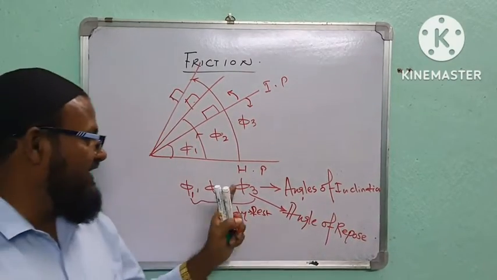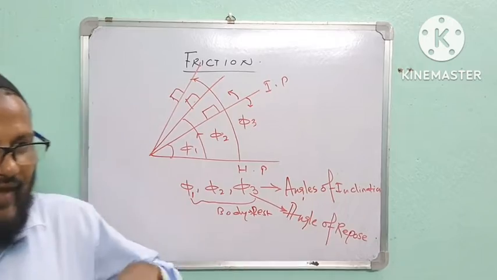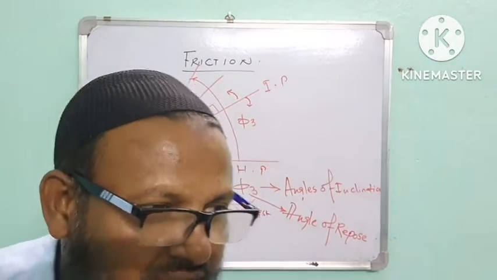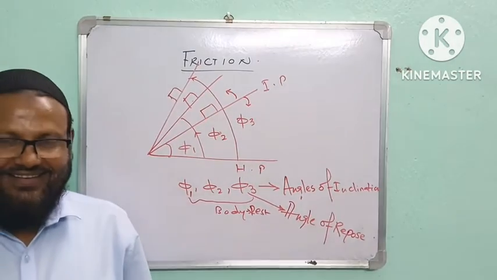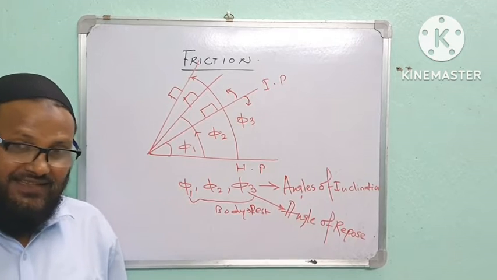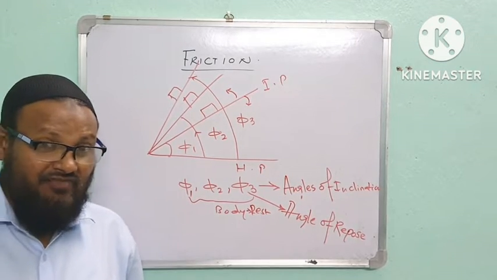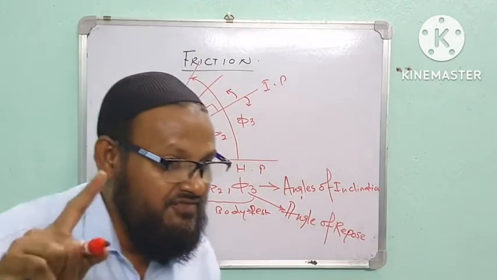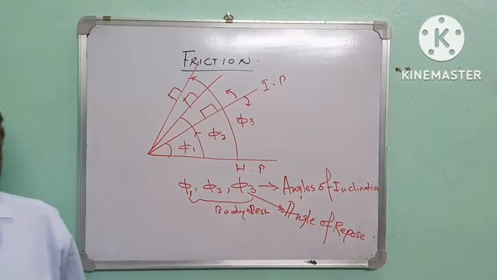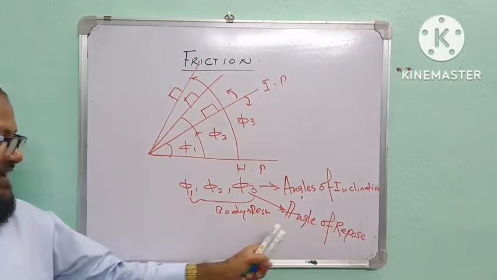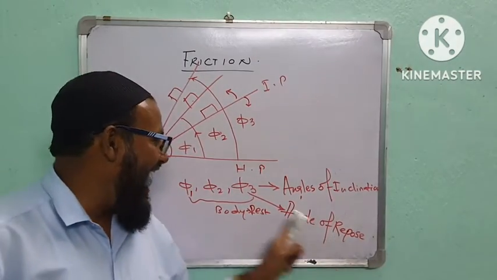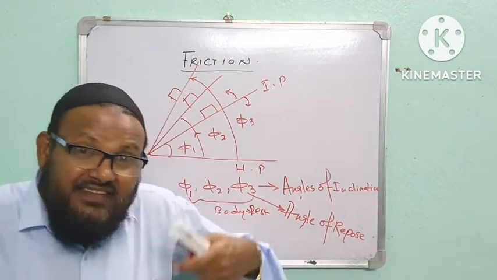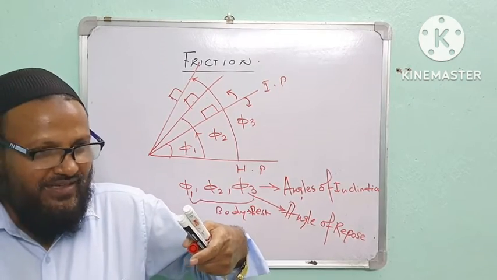Phi 1, phi 2, phi 3: general name, angles of inclination. In all three cases, the body is at rest. But at the phi 3 condition, the body is on the verge of motion. Due to this extra character, phi 3 has an extra name. Was that clear?